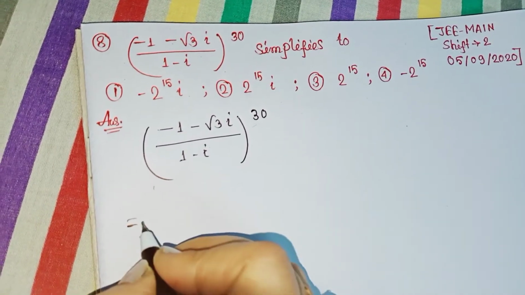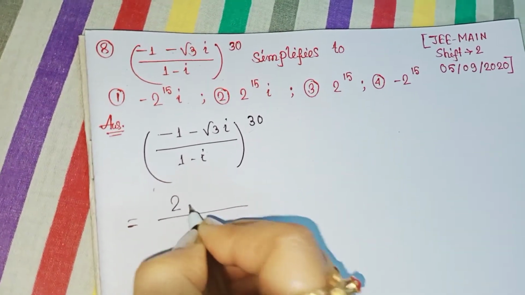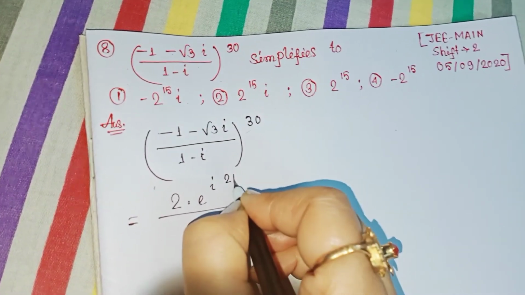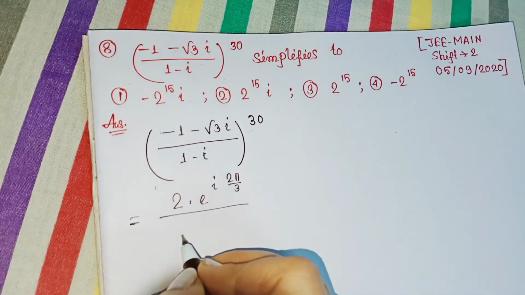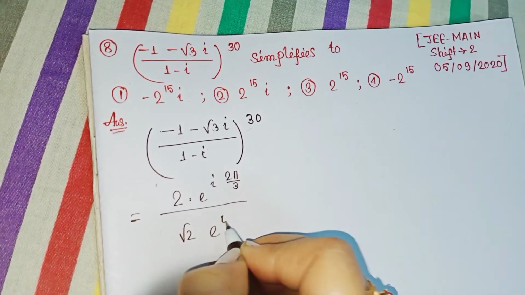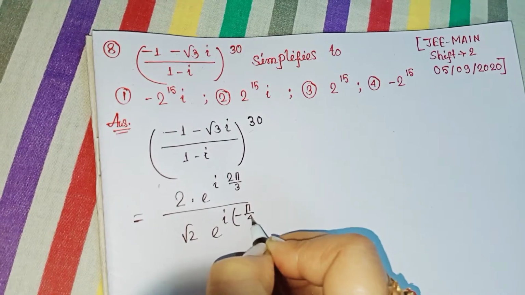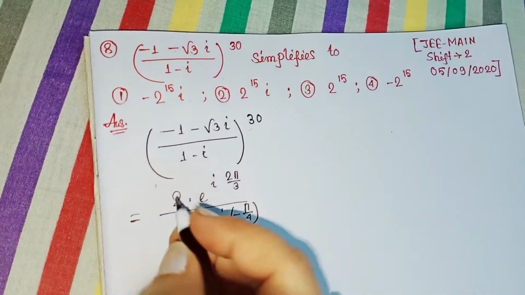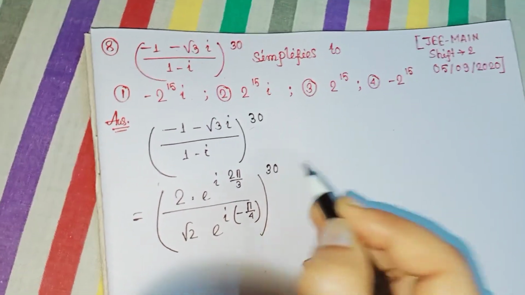So we may write 2 into e to the power i into 2π by 3, divided by √2 into e to the power i into -π by 4, as this one lies in the second quadrant. So it is whole power 30.